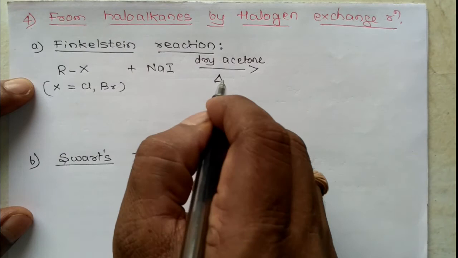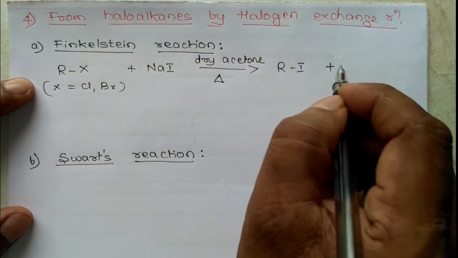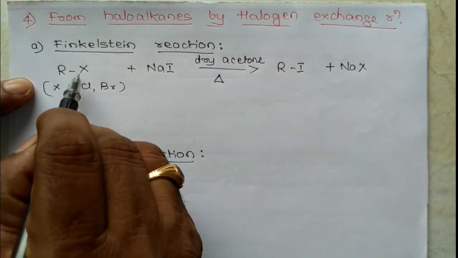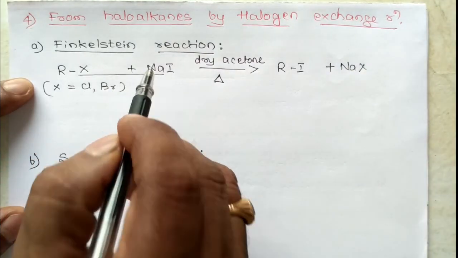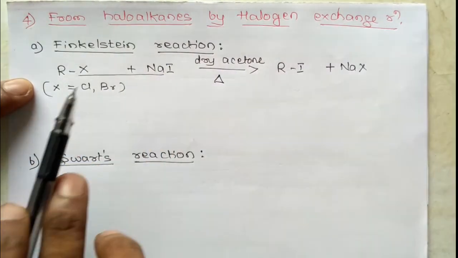Just heat it. You are going to get alkyl iodide plus sodium halide. This reaction is known as Finkelstein reaction.